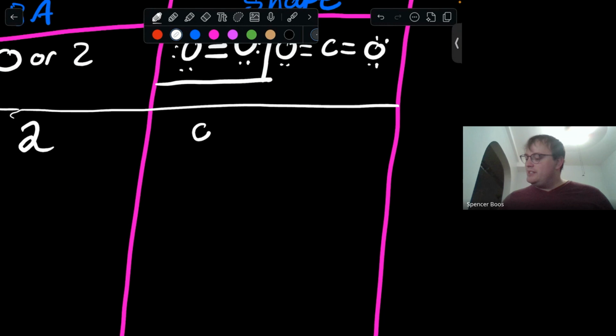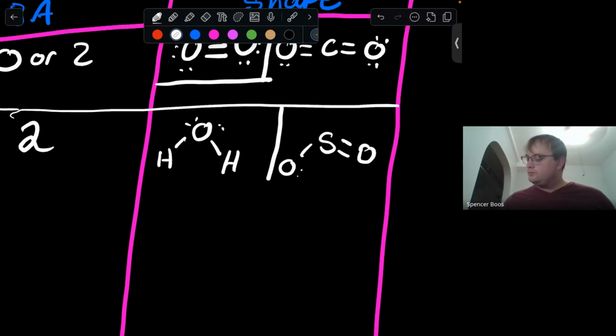Good example of this is water, H2O, like this. Another good example of this is SO2. Look carefully. On water, there are two sets of lone pairs on that central atom.